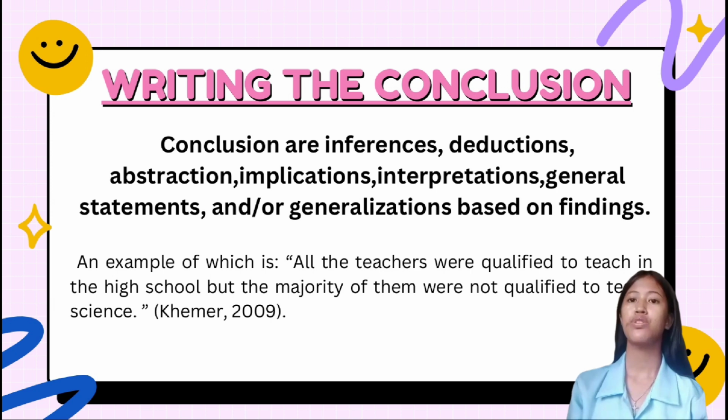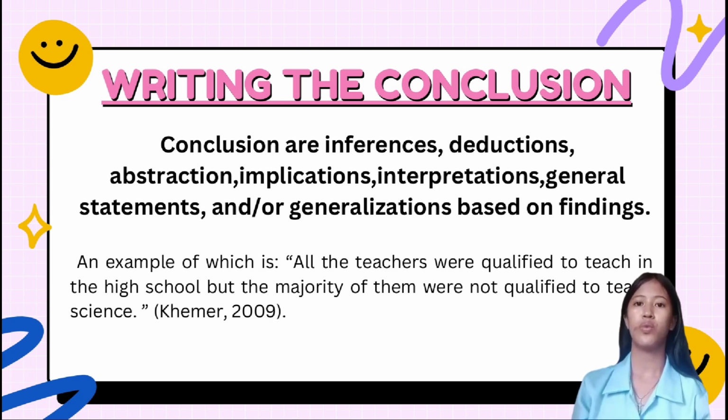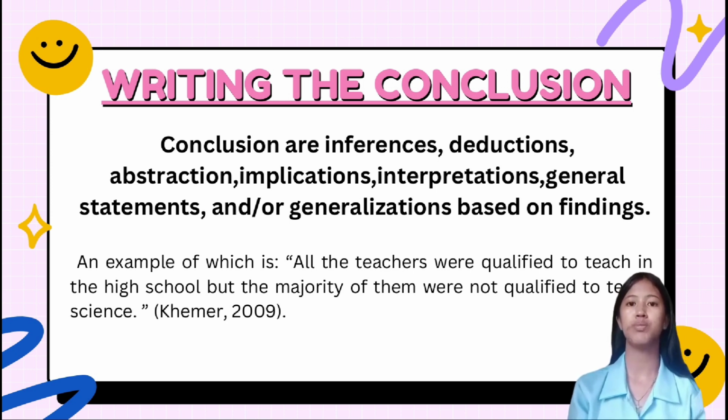You may also offer suggestions on how your research can be expanded or improved. Do mention the limitations of your study and their implications if not already addressed in the discussion section of the paper. An example of which is, all the teachers were qualified to teach in the high school, but the majority of them were not qualified to teach science.